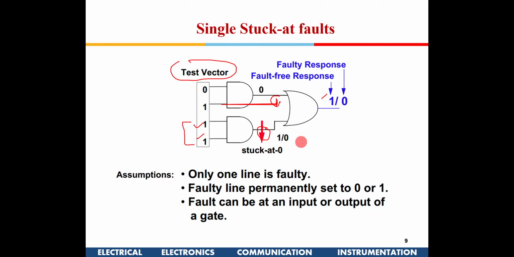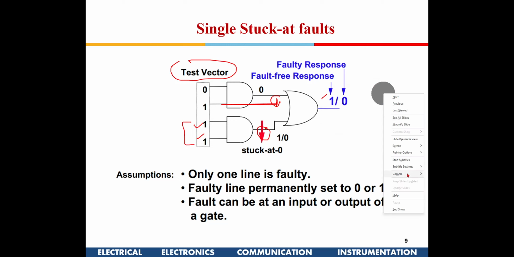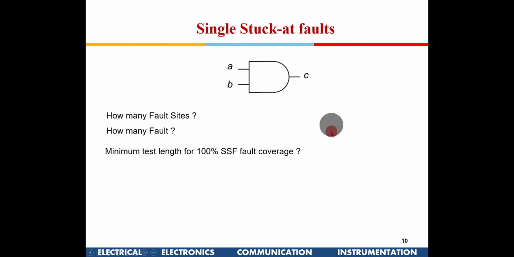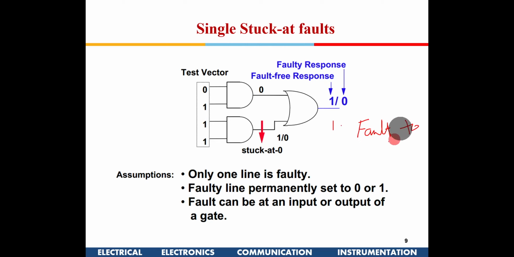So what we are going to learn is, from this simple example, we know for testing a few things are required. First is the fault needs to be activated. Activated means if it is stuck at 0, I have to put a 1 here.